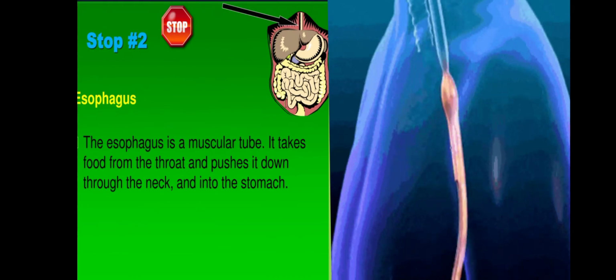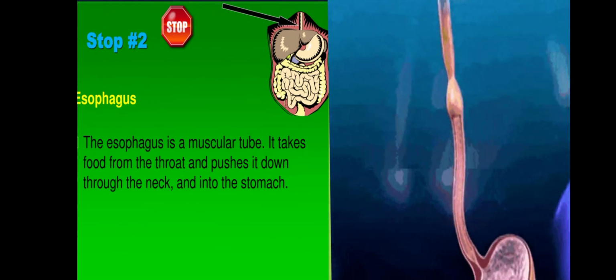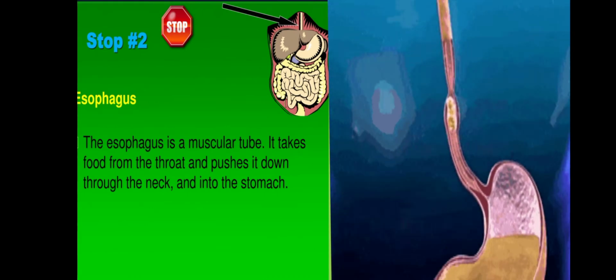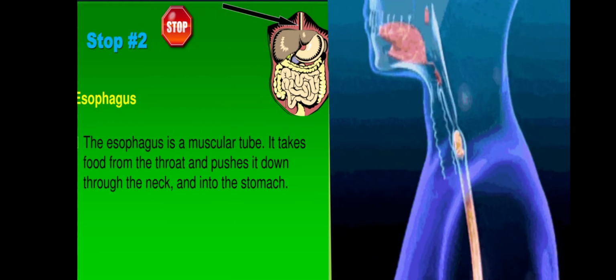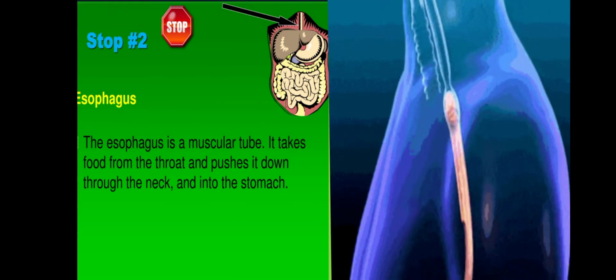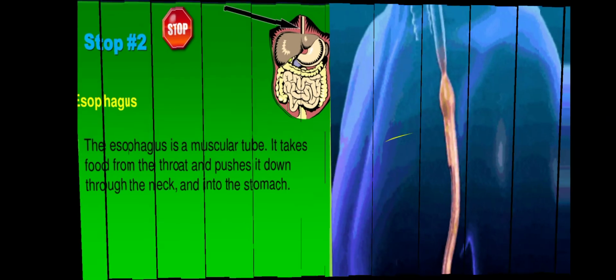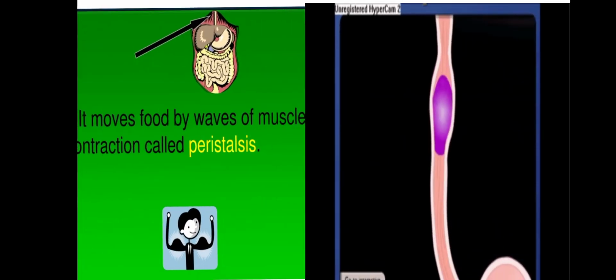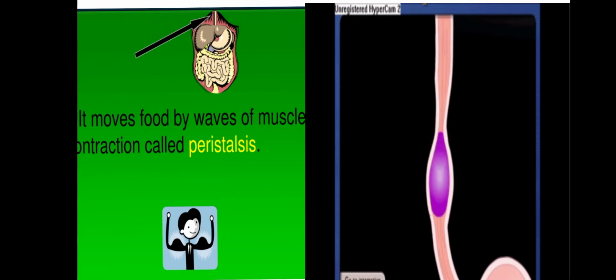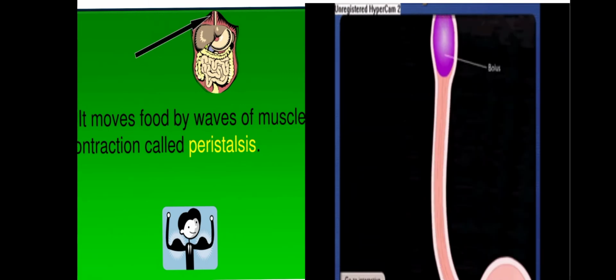When the food is passing from the throat and pushes down through the neck into the stomach, there's a contraction of muscles, and those waves are known as peristalsis.